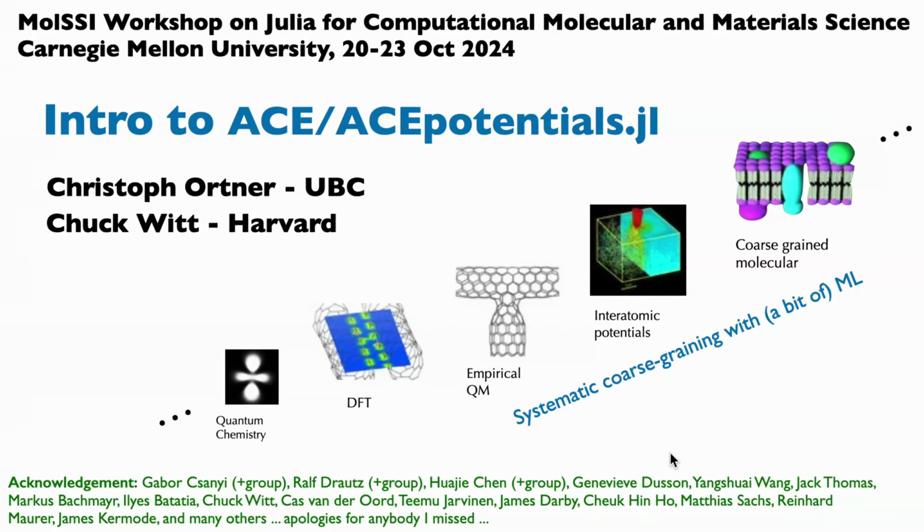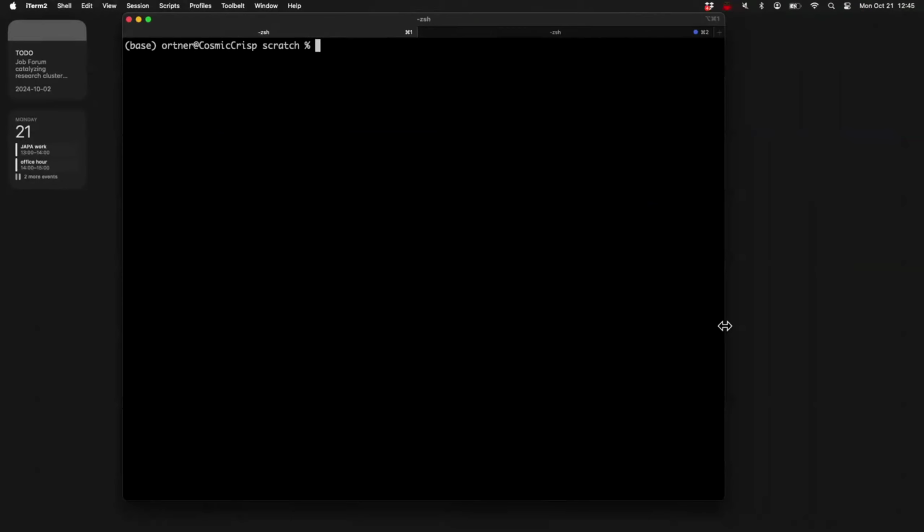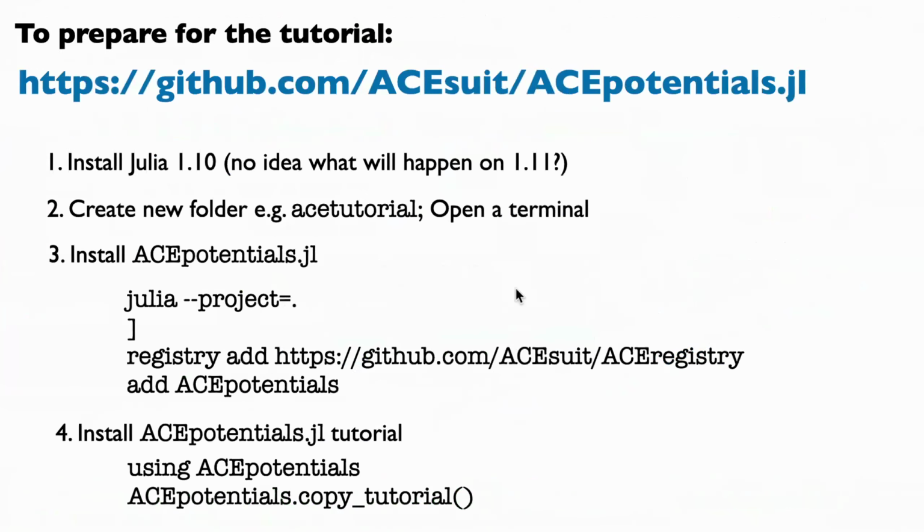Before I give that theoretical introduction, anybody who wants to follow along for the tutorial that Chuck's going to go through might want to try and install that while I talk, so that there's no delay afterwards. You probably want to start by opening this web page, acepotentials.jl.